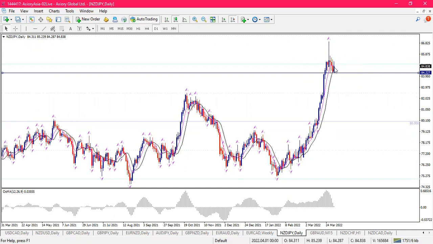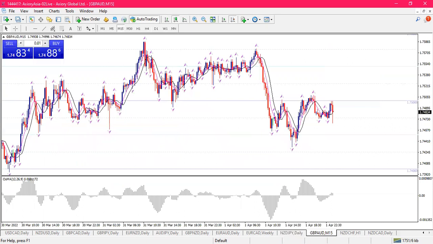But the potential of it coming down is much more than it going back up, which is what I would love to see and partake of during this week as far as NZDJPY is concerned.